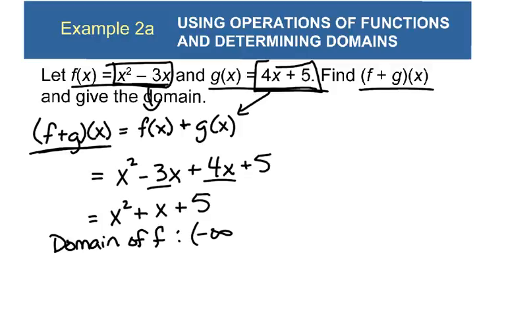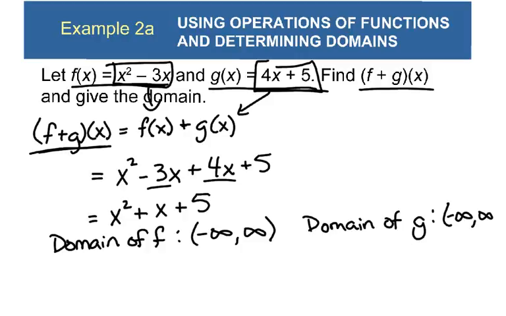It's all real numbers. Now, the same thing goes for the domain of g. It is also all real numbers. Okay? If you don't know how to find the domains of your functions yet, you better get started. You better learn that quick, because you're going to have to combine them in this one.